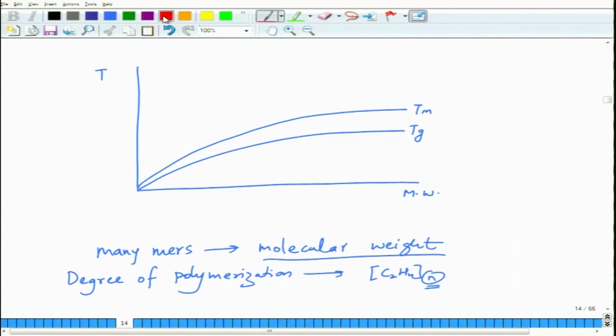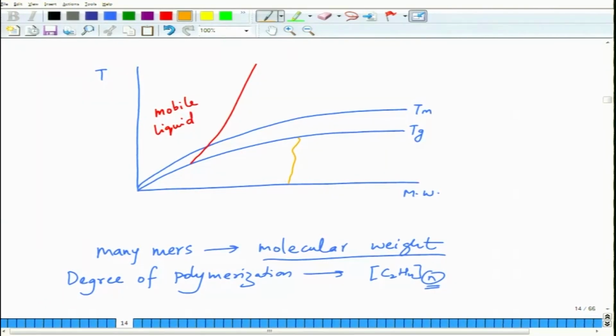So, we can basically divide this into various regions. Let us say this is a region up to which it remains a mobile liquid at high temperatures. At lower temperature, basically there are two regions loosely drawn.